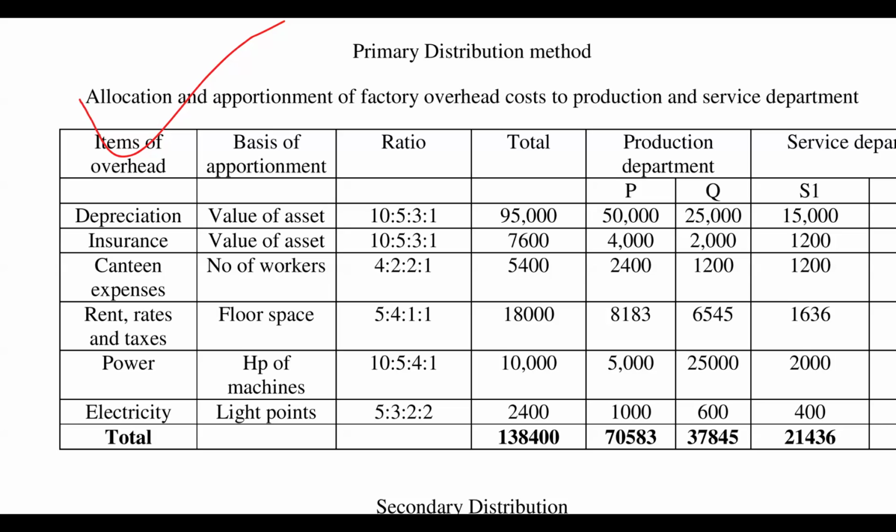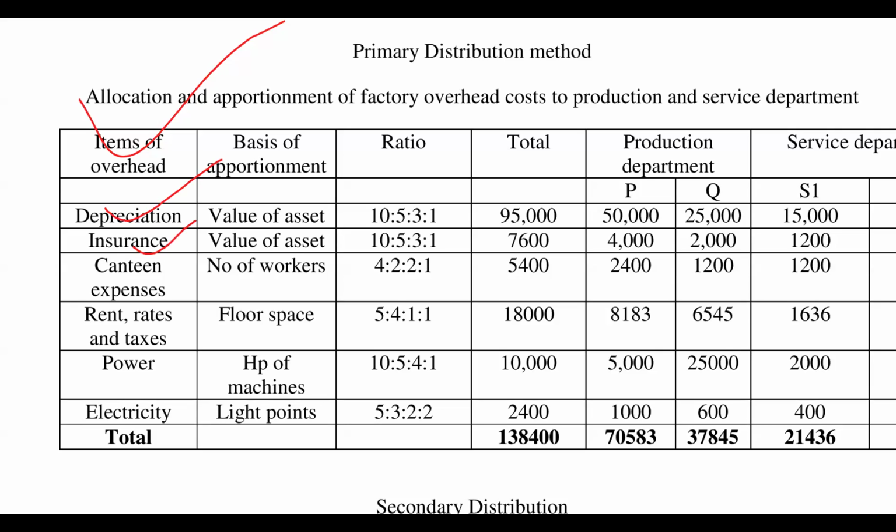Yeah, as per request. So now we have depreciation here. For depreciation, I've emphasized that you use the value of the asset that you're depreciating. Even for insurance, you can use the value of the asset that you're insuring. Then for canteen service, this cannot be overemphasized, I've said you use the number of workers. The rent, rates and taxes, you use the floor area space.